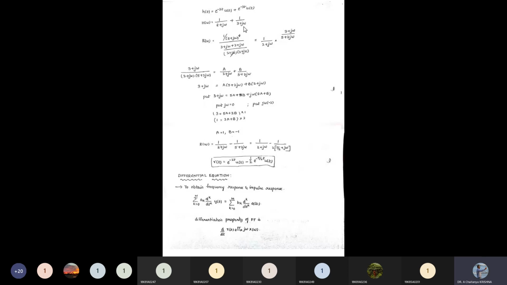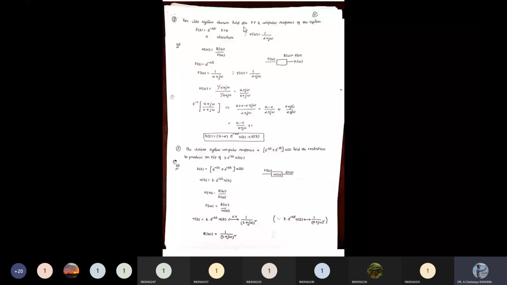We should find the input function, so f of omega equals r of omega by h of omega.